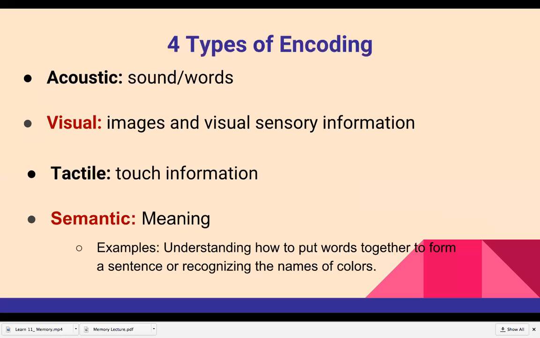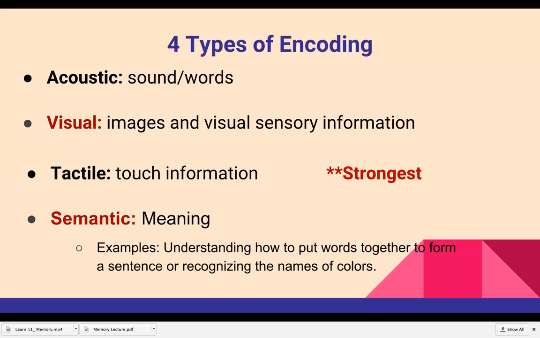Important with the 4 types of encoding is that visual and semantic are the 2 strongest types of encoding. So if you're trying to remember something, visualizing something, seeing it either in front of you or seeing new information or learning something new through sight, or visualizing in your mind's eye, as well as maybe applying a new concept to one that already exists for you in your brain, something that you've already learned, prior knowledge.